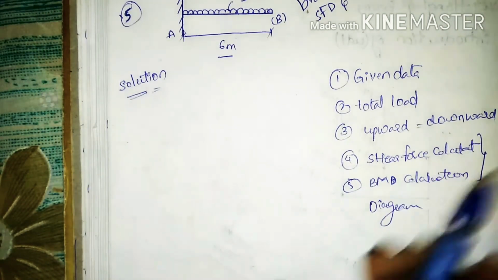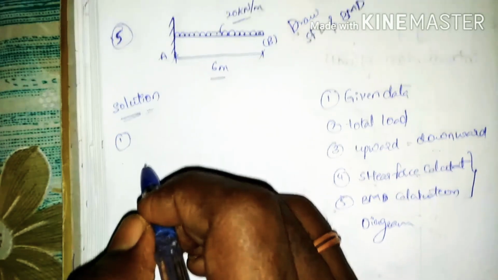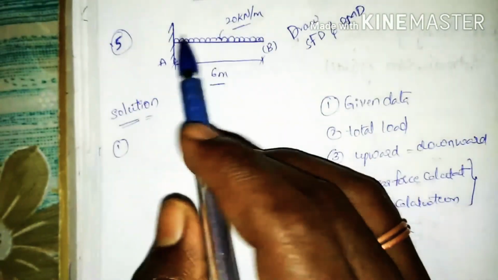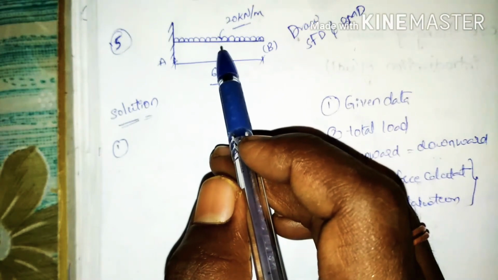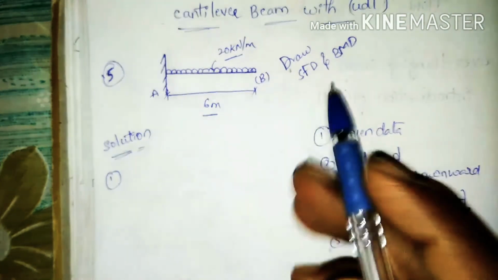According to our procedure, number 1 is the given data. What is the given data? A cantilever beam with a UDL of magnitude 20 kilonewton per meter.